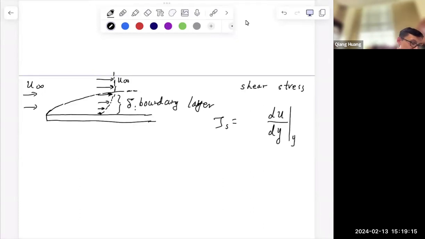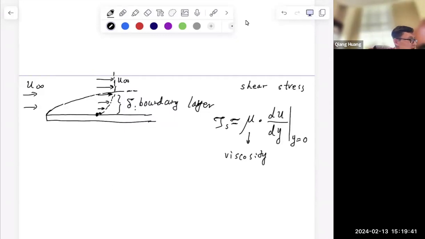And then the slope of that velocity change at y equal to 0, that's right on the surface. And because it's proportional, the ratio constant is the viscosity of the fluids. How sticky the fluid is.